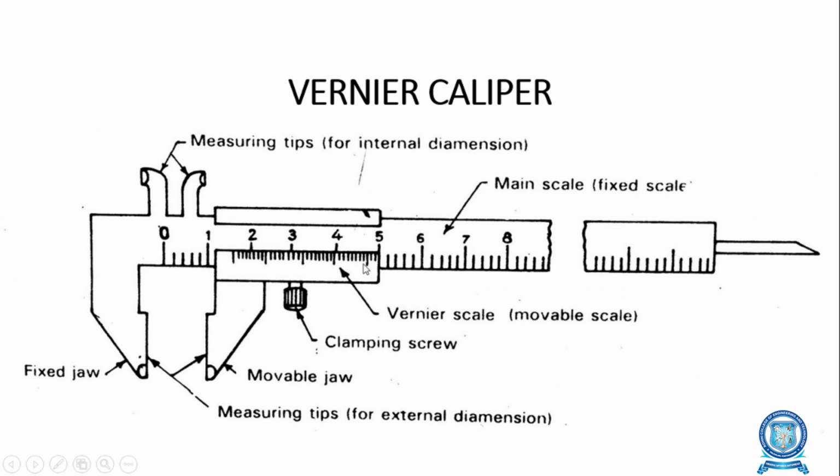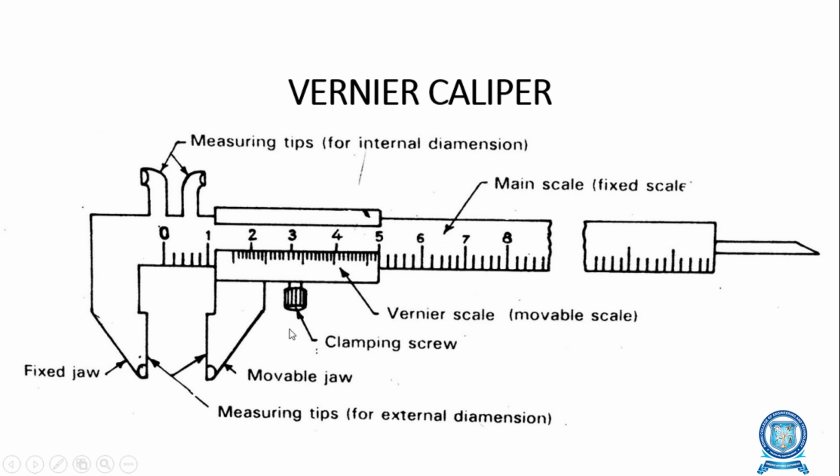During the measurement, the fine adjustment of the movable jaw is done by adjusting an adjustment screw. At the same time, both the jaws should touch the part to be measured.